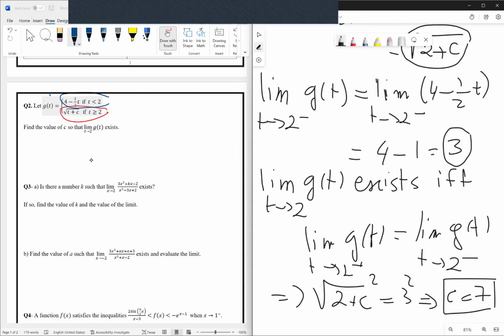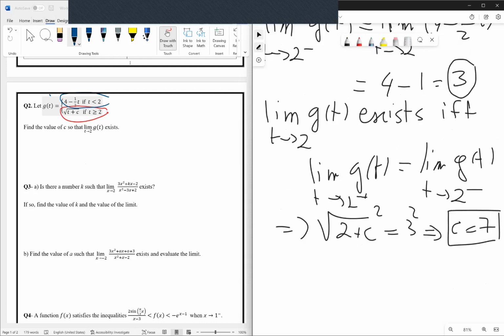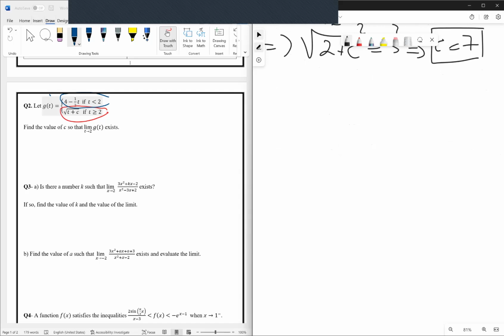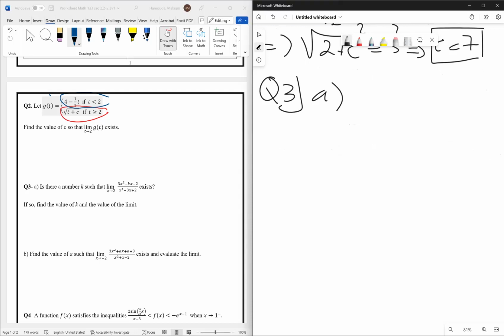Question 3, it's the same kind of question like question 2. So I will go a little bit faster here. The limit exists when right and left are equal.